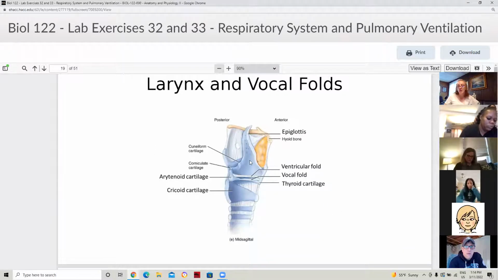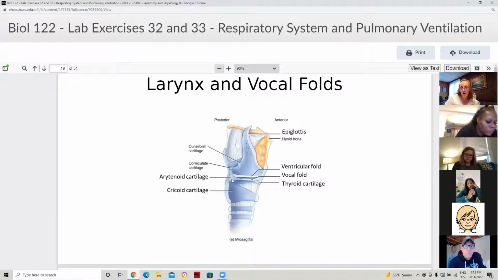Looking at an interior mid-sagittal section. Here's the epiglottis. Bear with me here. We don't see it here, but right here, this would be where the thyroid cartilage would be. Thyroid cartilage right here. Actually, it's right here. Thyroid cartilage right here going up like this.